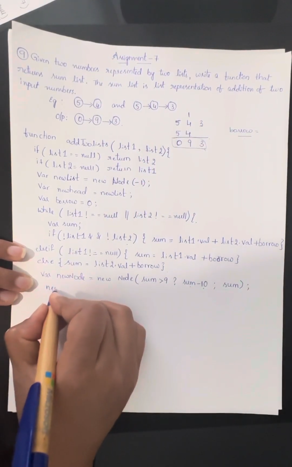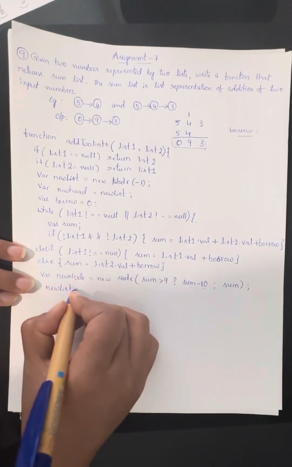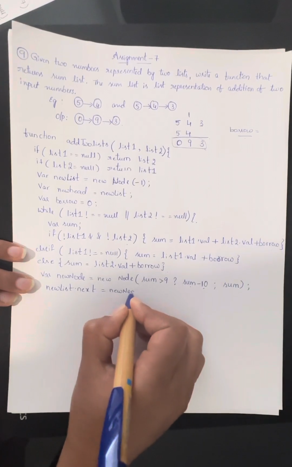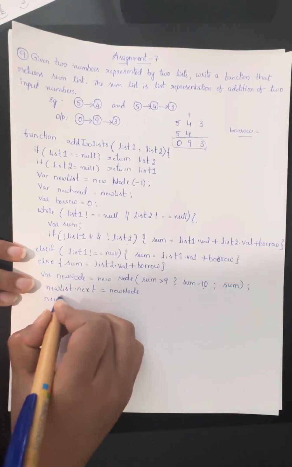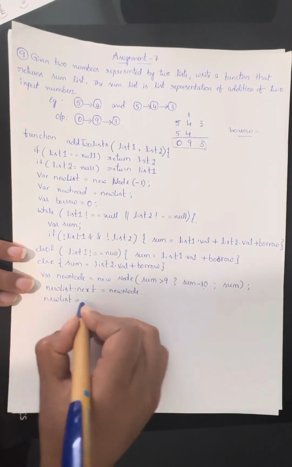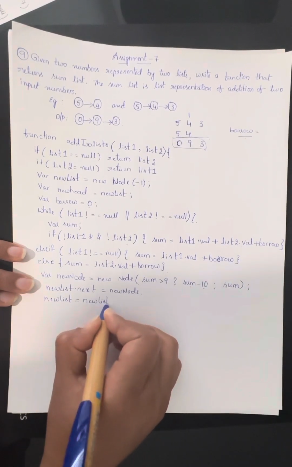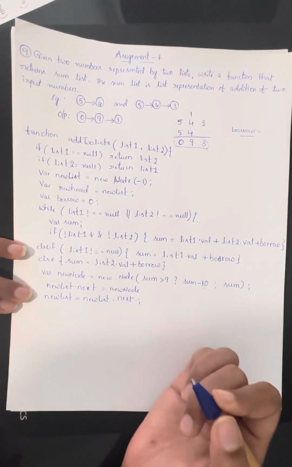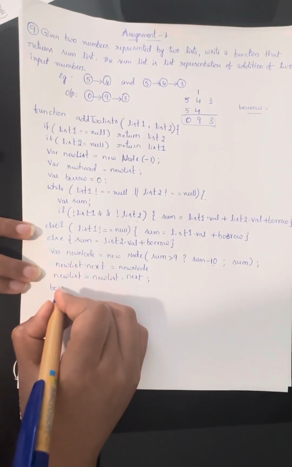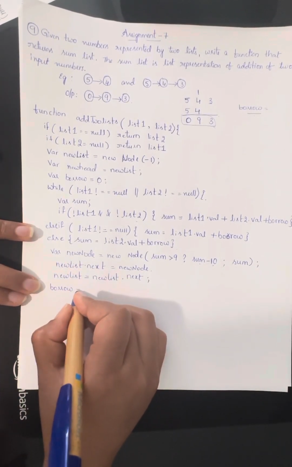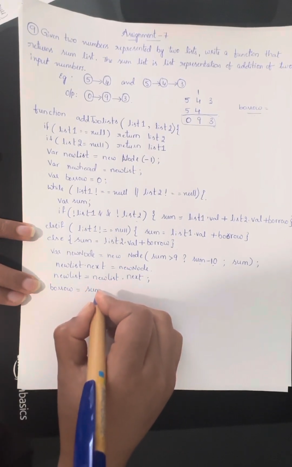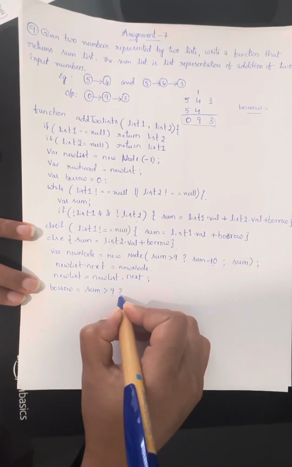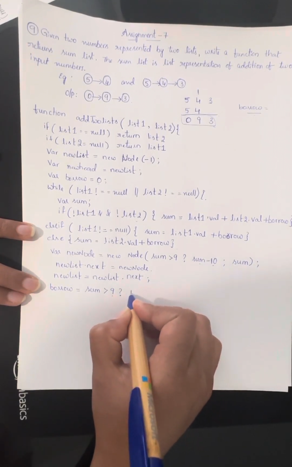Then I'm making new list dot next equal to this new node, and new list equals new list dot next. Now we need to update the borrow: if sum is greater than 9, then borrow is 1.